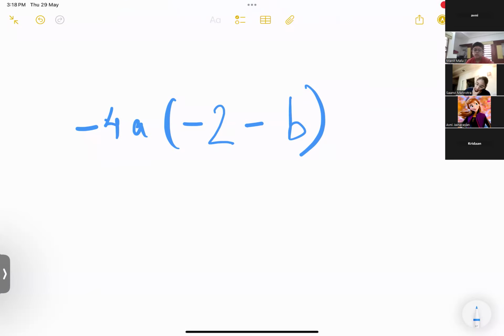Yes, Sanvi, it is right. But instead of writing it as 4a times b, you have to give the final answer without the operation. Ayantika, answer wrong.